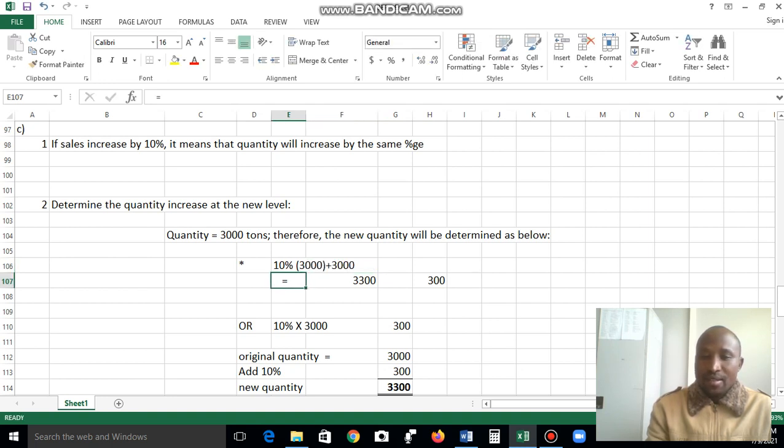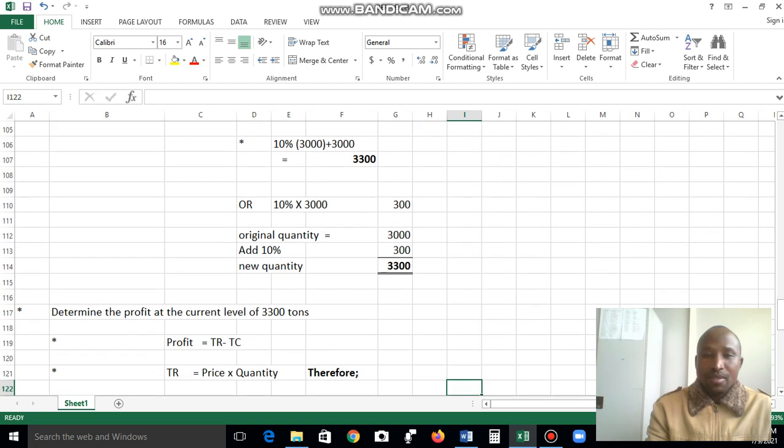When you add 300 to 3,000, we get the new quantity of 3,300. Some of us are not good mathematicians, so we can first get the 10% of 3,000, like what I did, 10% times 3,000, then you get your 300.